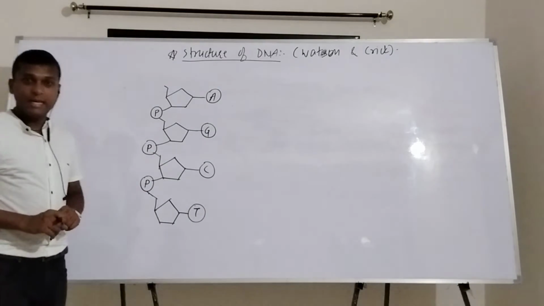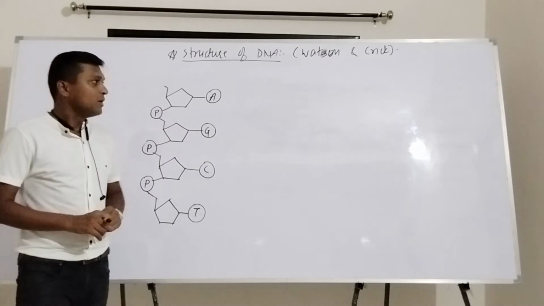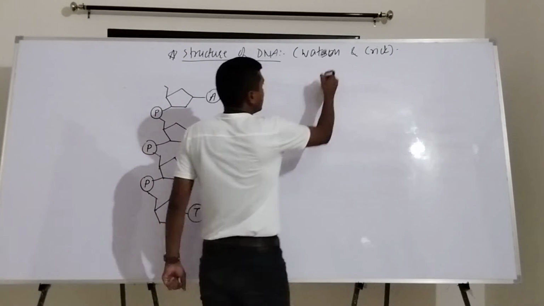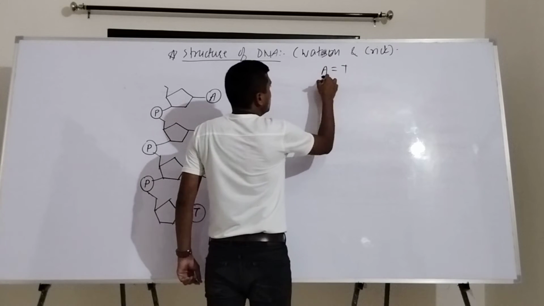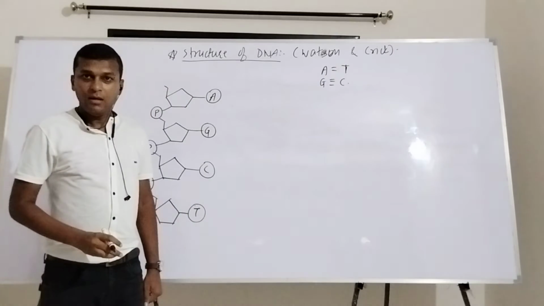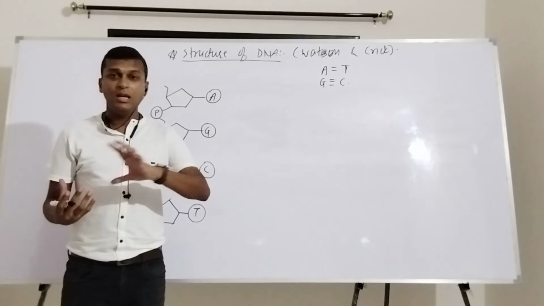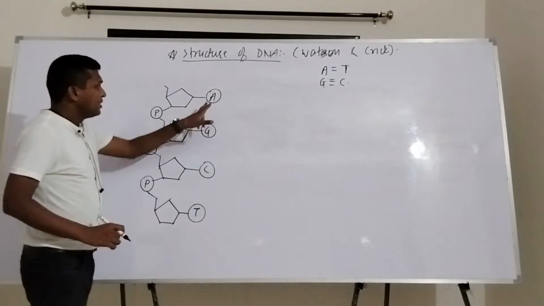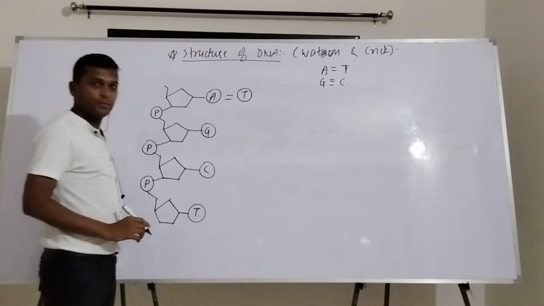But you know that DNA has a double strand. Now, how will this second strand work? Please remember, there is one thumb rule so far as DNA is concerned: A can form 2 hydrogen bonds with T, and G can form 3 hydrogen bonds with C. Now, if this is true, A will of course form 2 hydrogen bonds with T, correct?